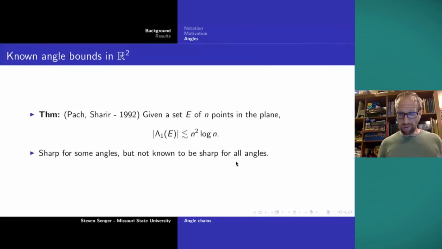Now this is sharp for some angles, and I have forgotten which, but it's not known to be sharp for all angles. I want to say it's sharp for rational proportions of pi or something like that. But it is sharp for more than one angle. Just it's not known to be sharp for all angles. So we just don't know.